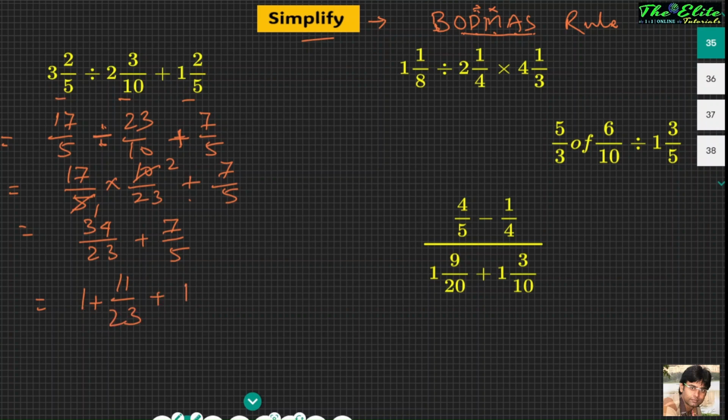Here also it is going to give you 1 whole 2 over 5, and 7 by 5 will give you the mixed number as 1 whole 2 over 5, and now as you are smart enough, you will use this plus sign in between. Okay, so 1 from here, 1 from here will give you 2 plus 11 by 23 plus 2 by 5.